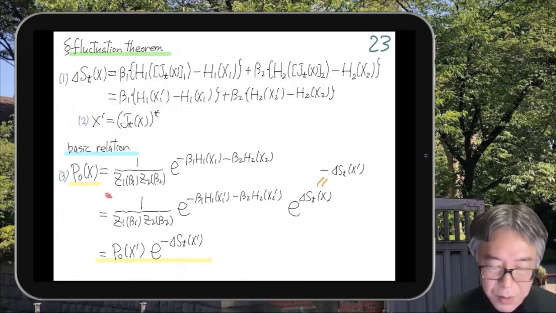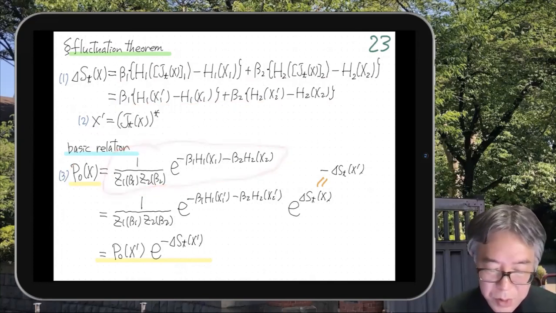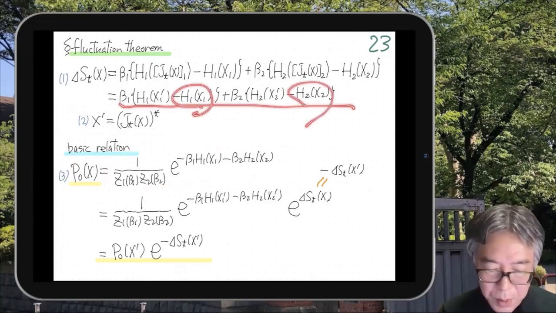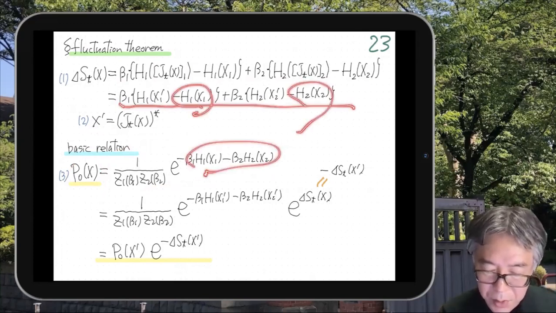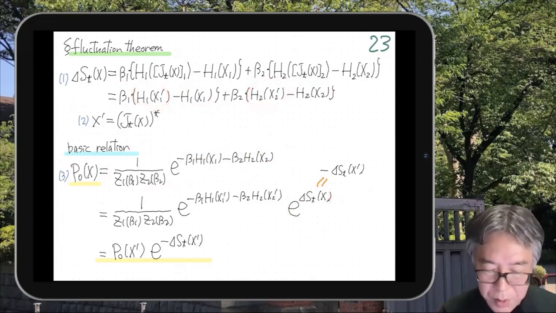This is just the definition of the product of the canonical distributions, and then you see this. Here you have this Boltzmann factor precisely. So if you put it here, you can bring this here. But from here, you have this extra one, so you have to cancel this one by putting it here.